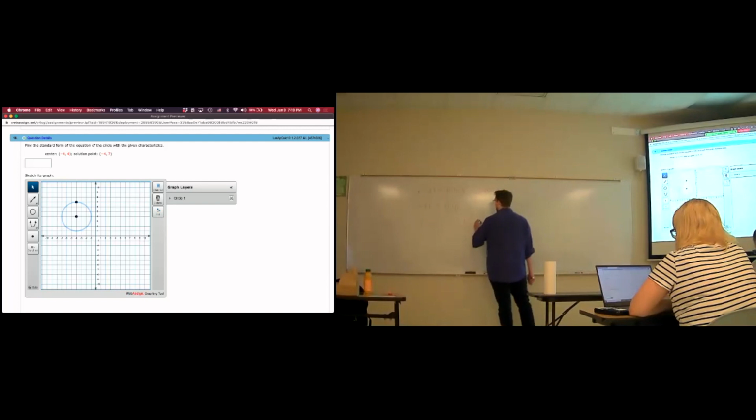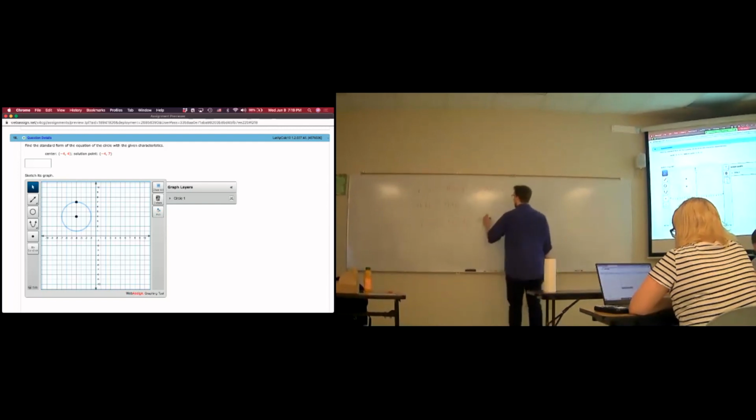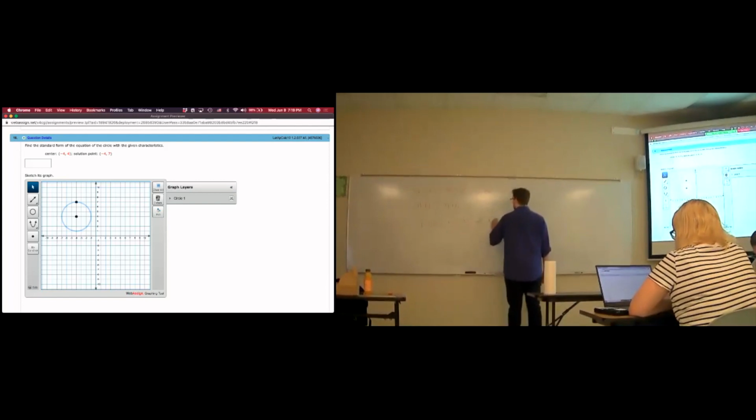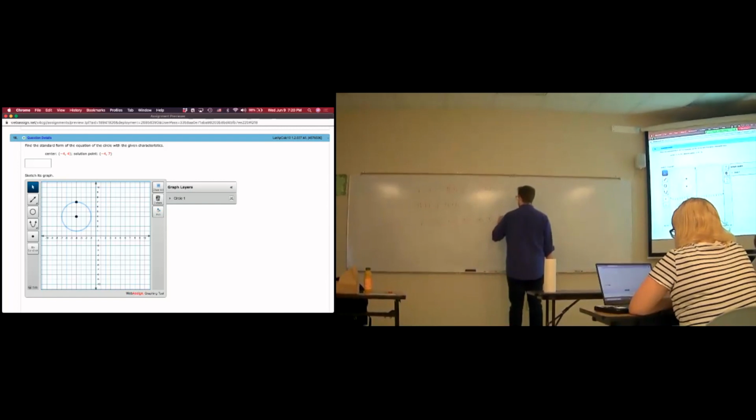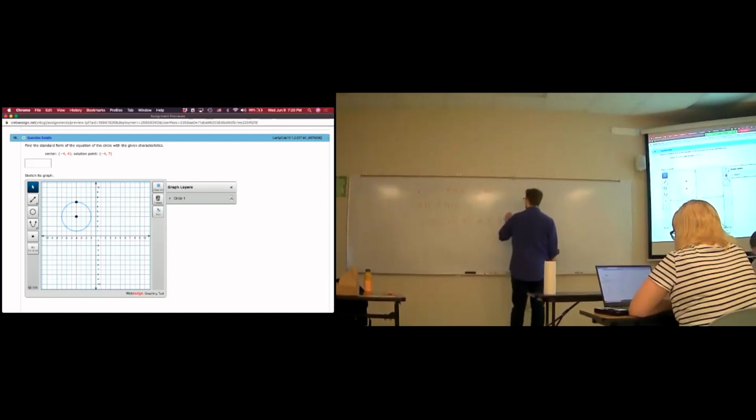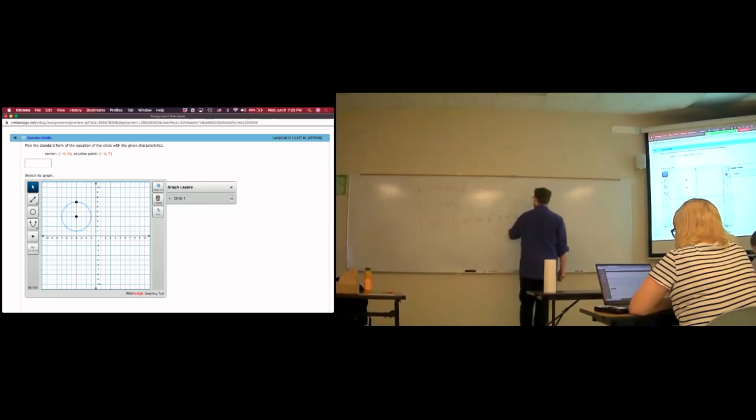Plugging everything together now. This tells us 3 squared is equal to x plus 4, that quantity squared, plus y minus 4, that quantity squared.